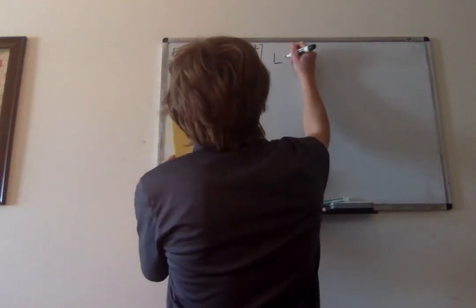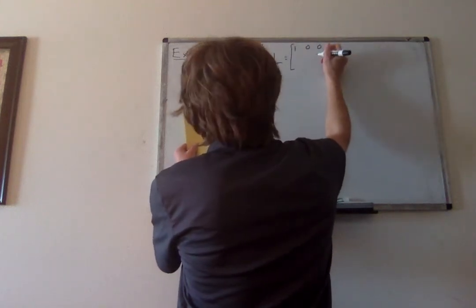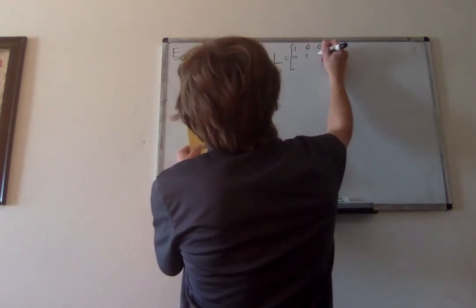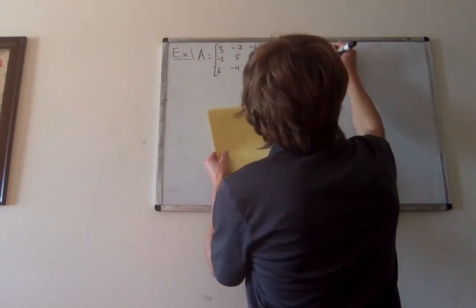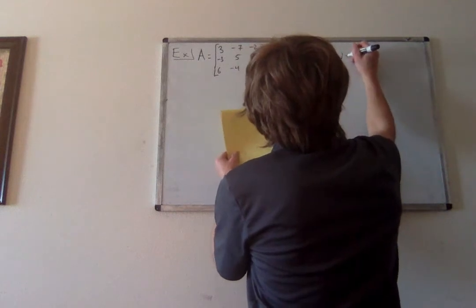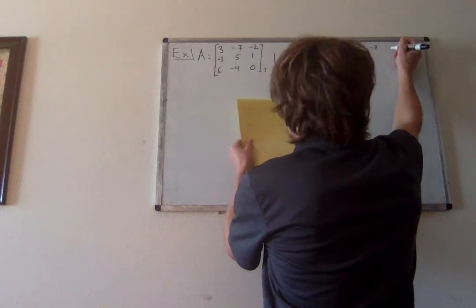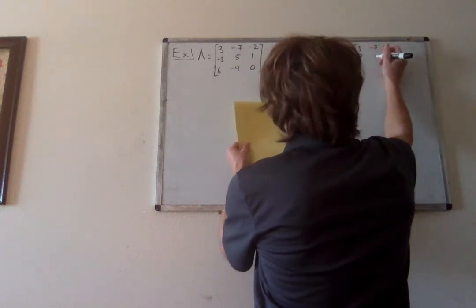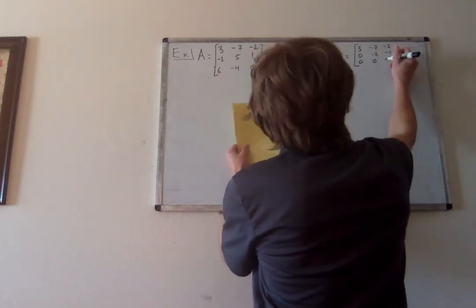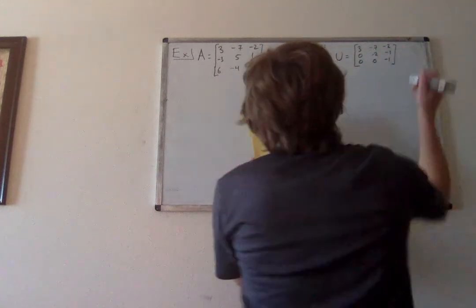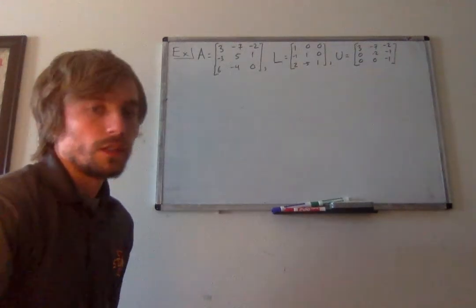We're going to let L equal 1, 0, 0, -1, 1, 0, 2, -5, 1. And we're going to let U equal 3, -7, -2, 0, -2, -1, 0, 0, -1. So, is this an LU factorization of A? Well, so the answer is yes.